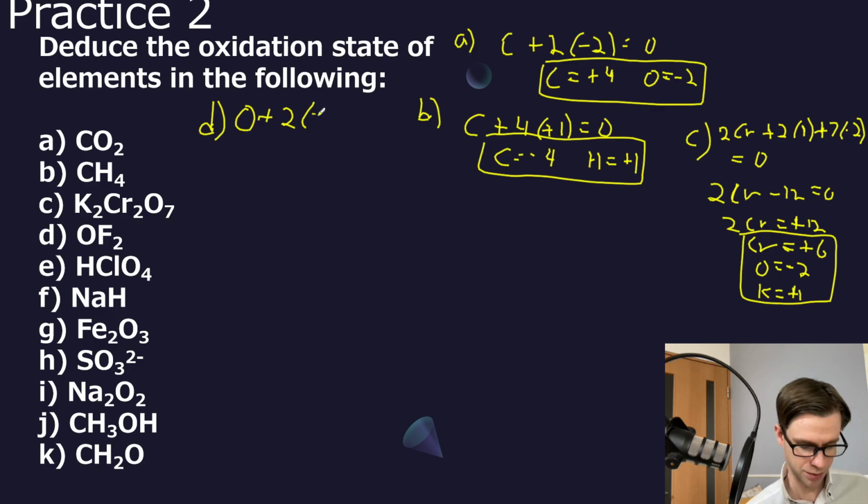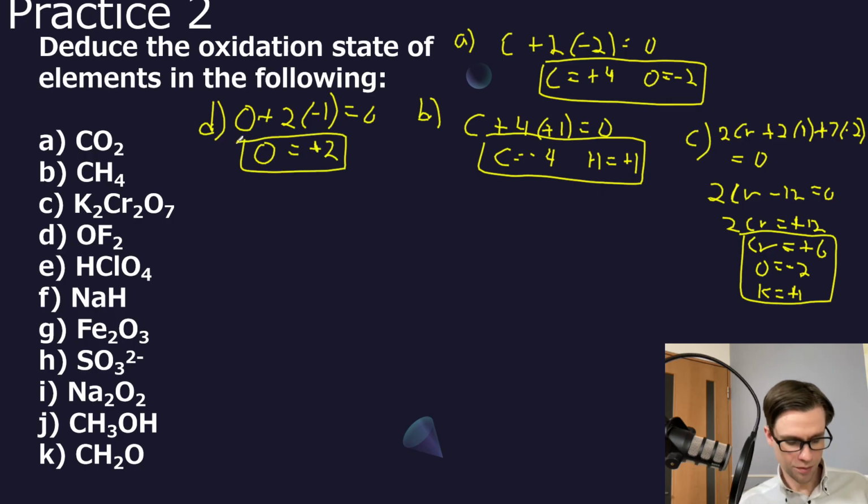They are minus 1 if they're in a compound. That equals 0. So O minus 2 equals 0, O equals plus 2. One of the only times oxygen will go positive oxidation state. But this is a compound that is sometimes made and used, I think, in like rocket fuel or something, although its instability makes it not very useful.